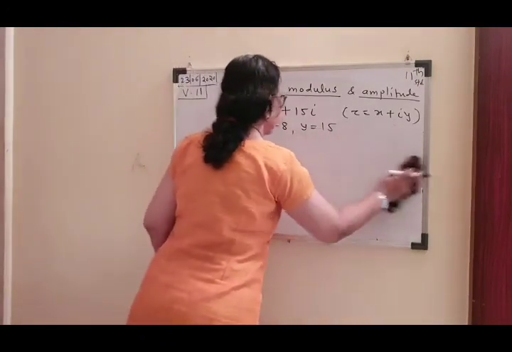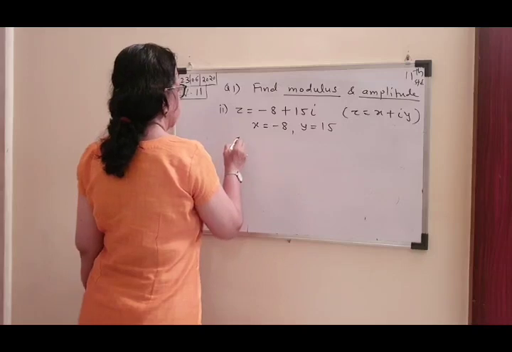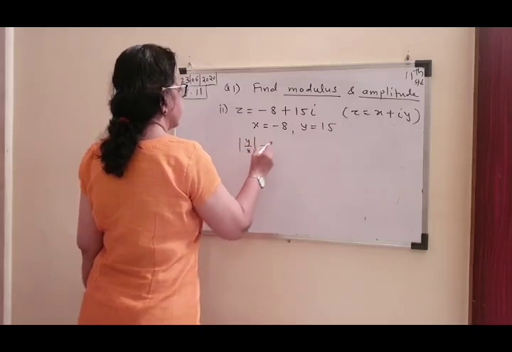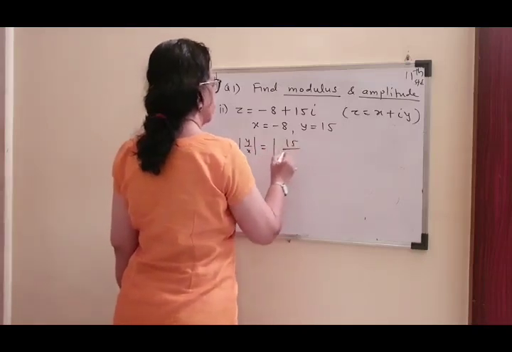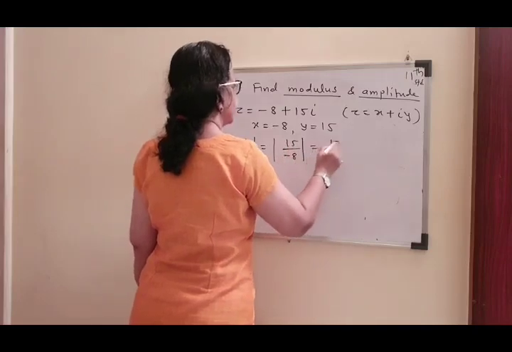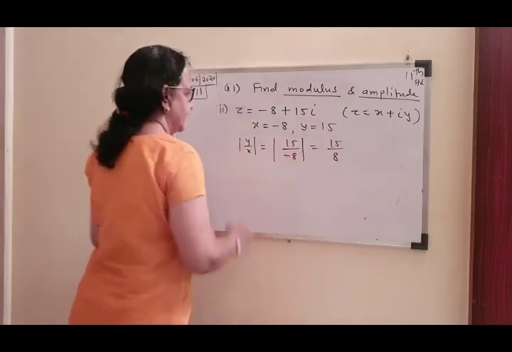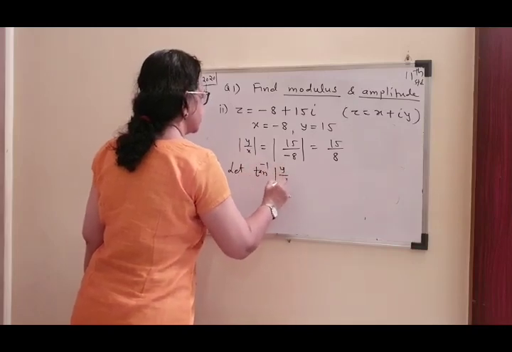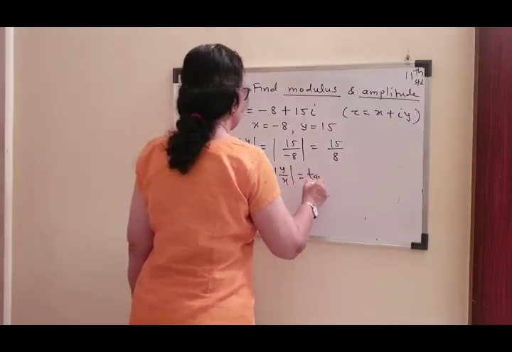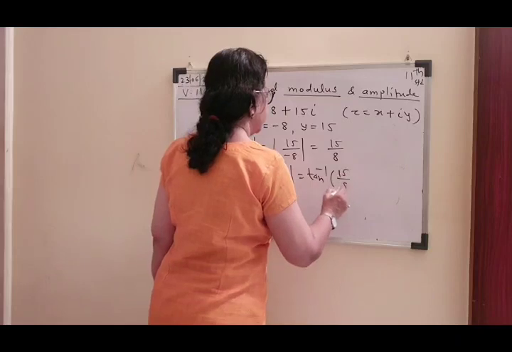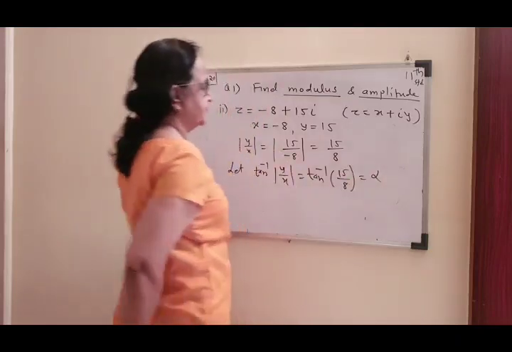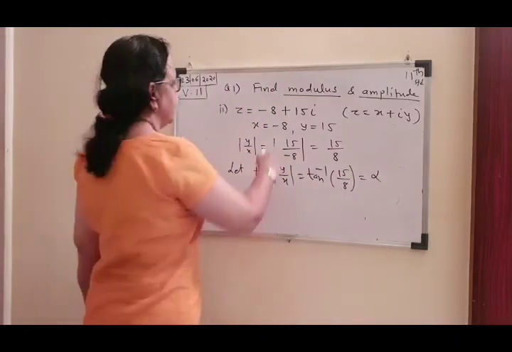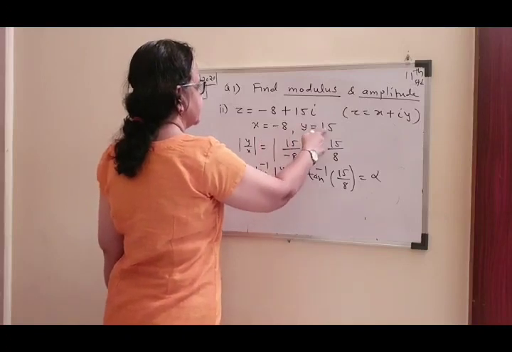Next, consider directly mod y upon x. So it is 15 upon minus 8. But mod is positive, so 15 upon 8. So let tan inverse of mod y upon x, which is tan inverse 15 upon 8, be denoted by alpha. Now which quadrant? X is negative and y is positive.